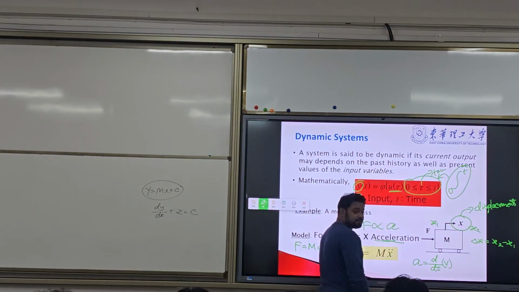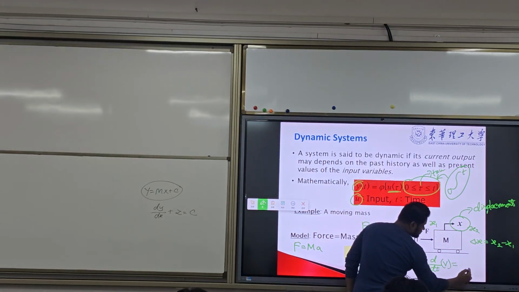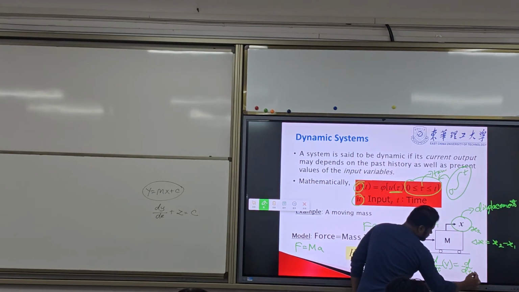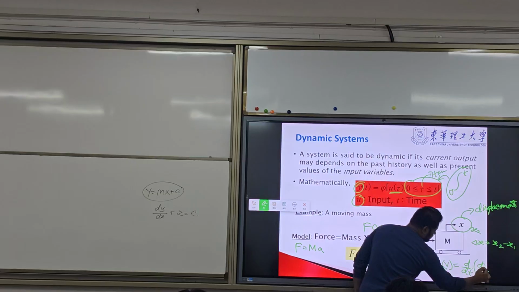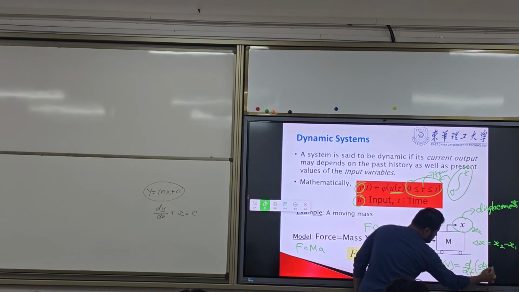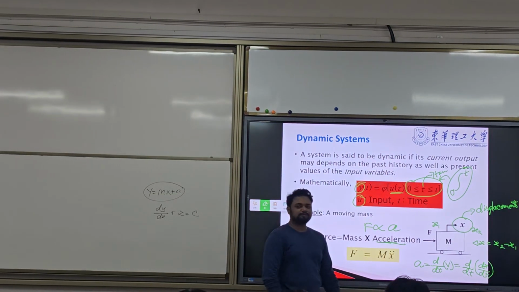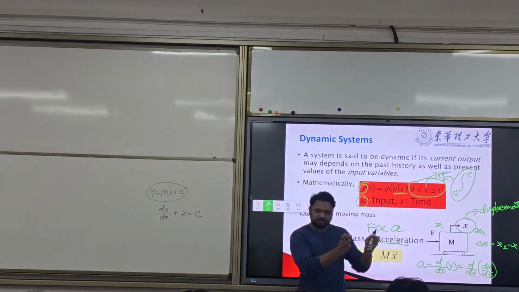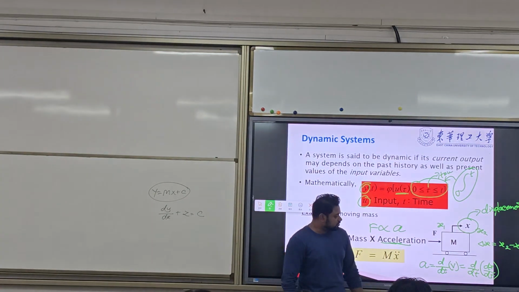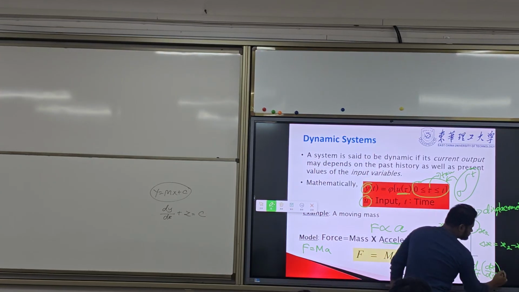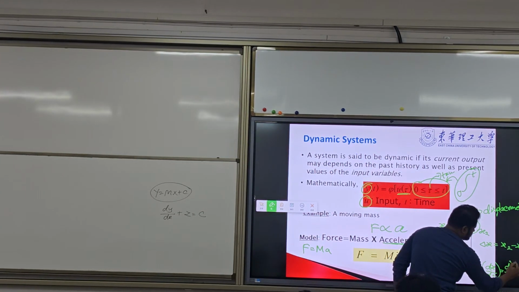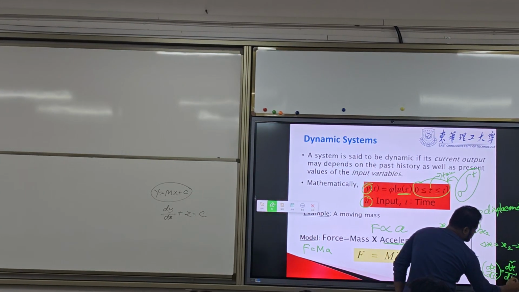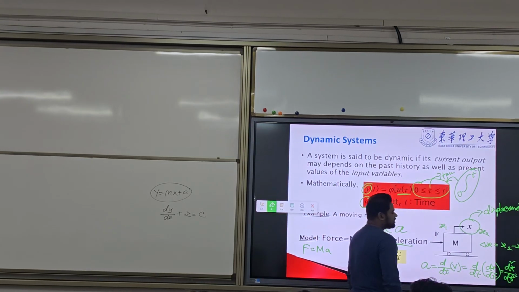And what is v? v is the rate of change of displacement, x. So together we can write this as d squared x over dt squared.